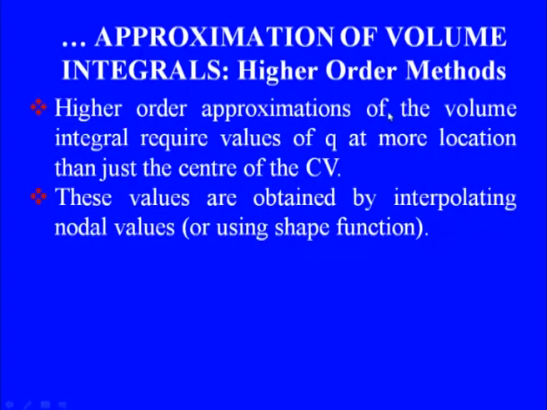But suppose you are interested in higher order methods, and if you want to develop a fairly complicated code, yes, you can do that. You can obtain higher order approximation of the volume integrals in terms of the values of q at more locations than just the center of the CV, and these values can be obtained by interpolating the nodal values, or we can use shape functions very similar to what we will see in our finite element module later on.